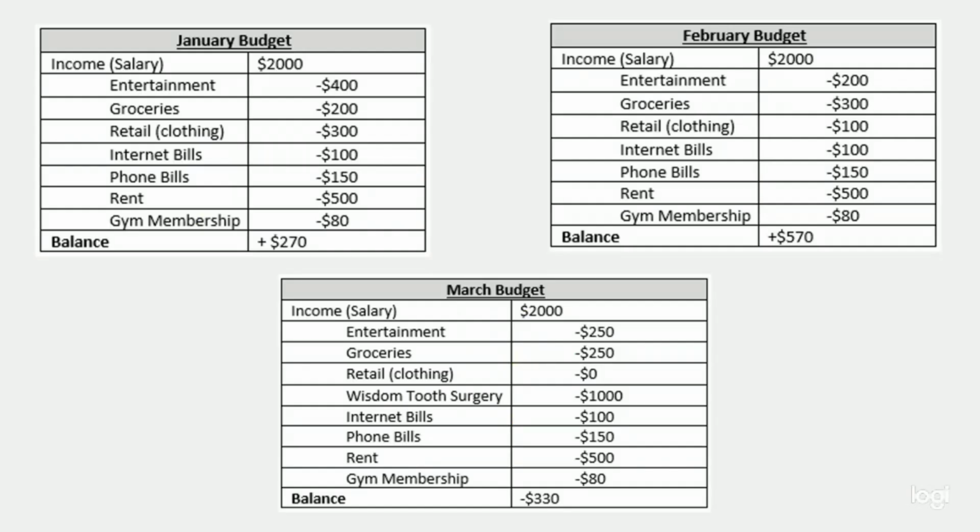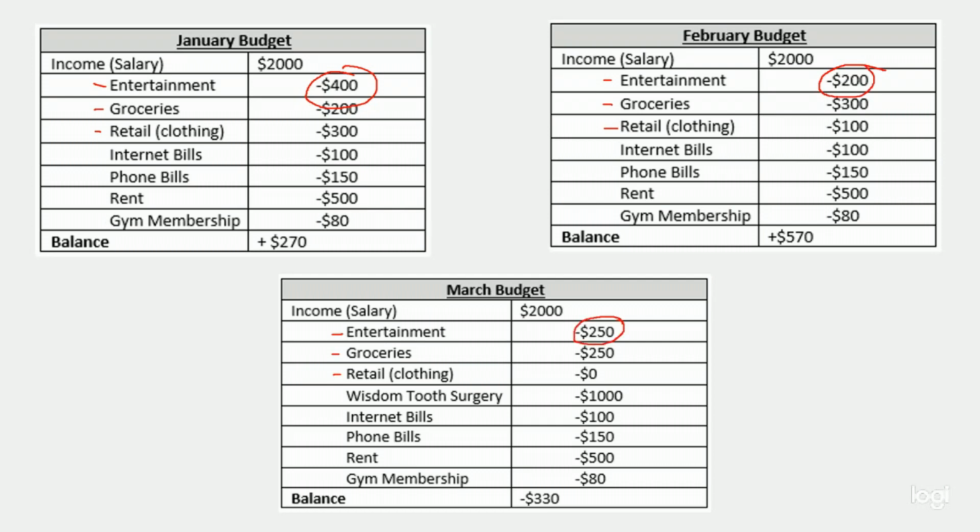So let's take, for example, we're tracking someone's budget, and his income salary is $2,000 per month, and he spends his money on all of these types of things every month as well. Now what we're noticing is that for some entries like entertainment, groceries, and retail, if we're tracking that same spending over the course of the 3 months, the dollar amounts are always changing.